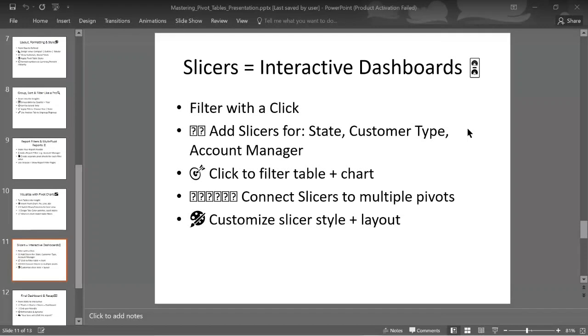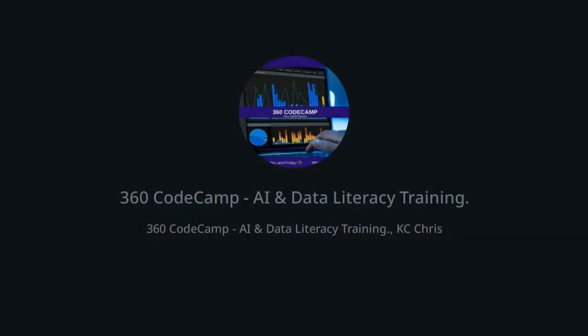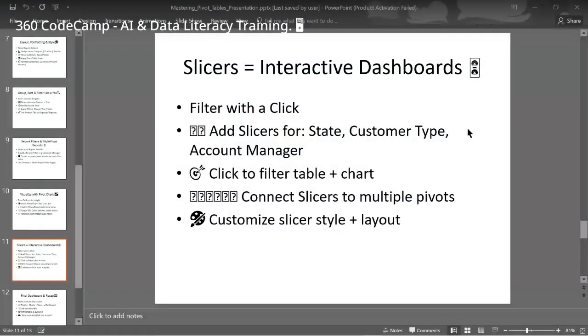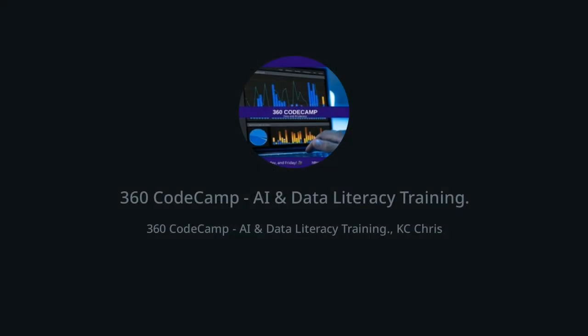So, filtering with a click, we will add slicers for state, customer, customer type, and account manager. Then we'll use click to filter the table plus chart to get what we want, and also connect slicers to multiple pivots. Then you can also customize your slicer style and layout, and then you will have the dashboard.